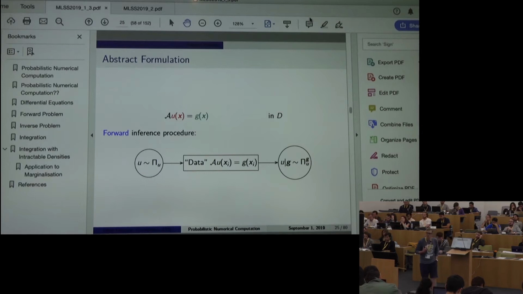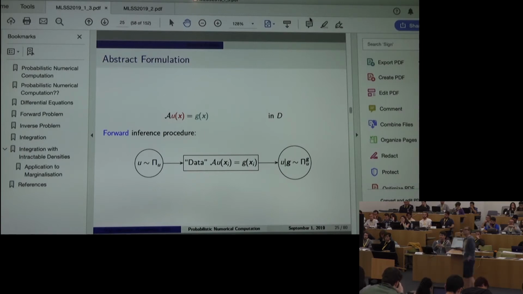And the key thing that we do is that we put a prior probability distribution over our unknown class of function u. And that, of course, was a Gaussian measure because of the Hilbert space or the Banach space that these functions would reside in. And you had a very nice tutorial today on Gaussian processes. So all of the machinery that you need to solve these problems, you now have at your fingertips.